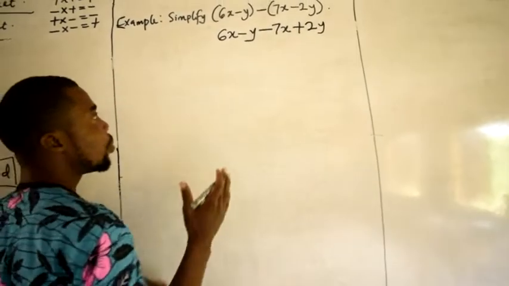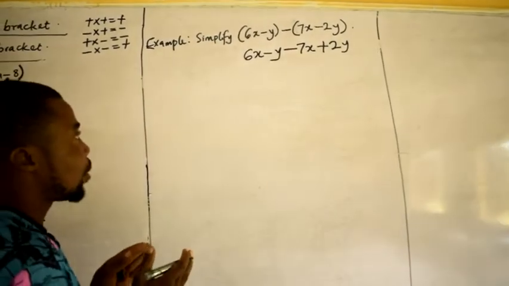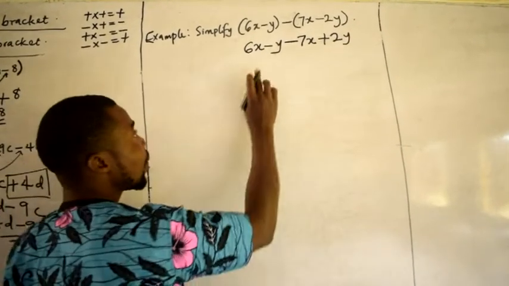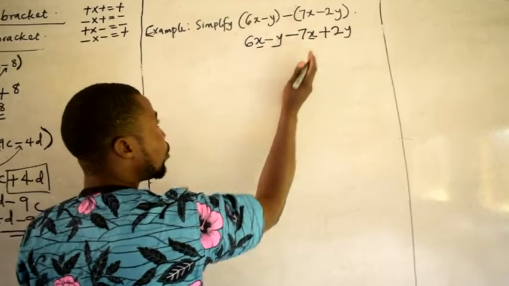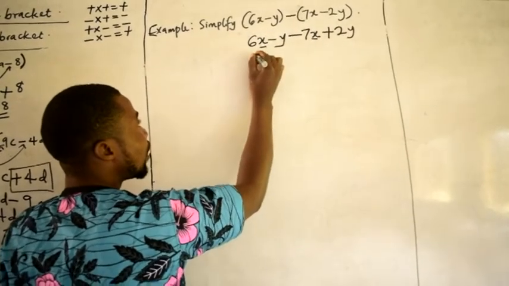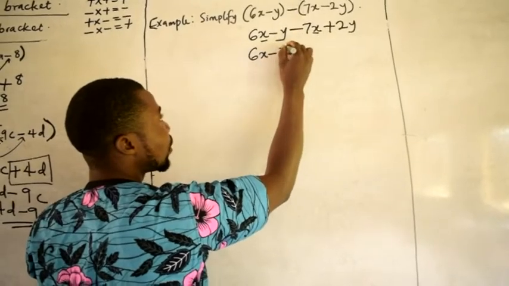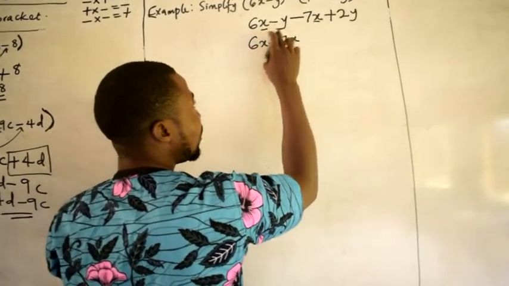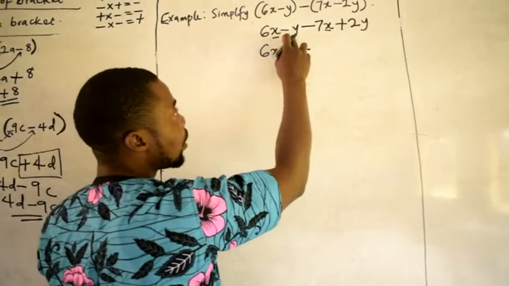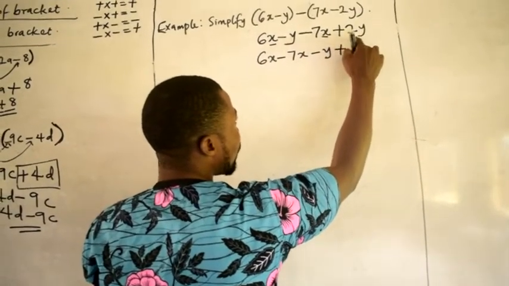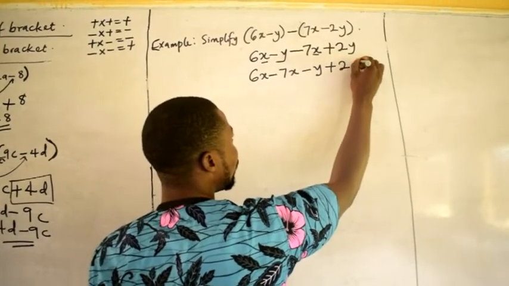Then you now bring the letters together, numbers with letters that have the same letters, you bring them together. This x, you bring them together, that is 6x minus 7x, and here we have y, which is minus y plus y here again, that is 2y.